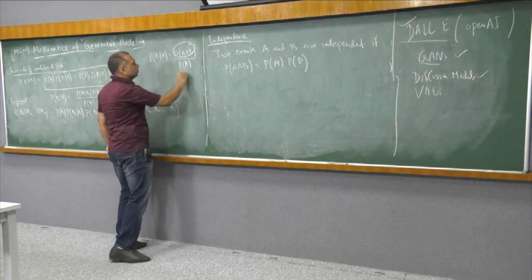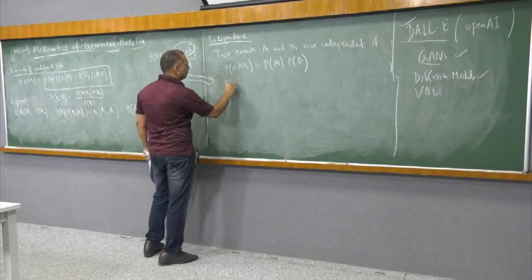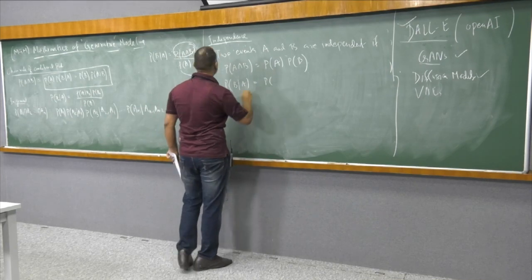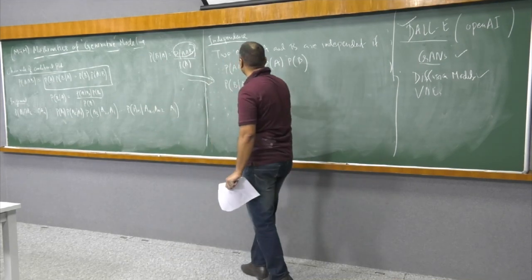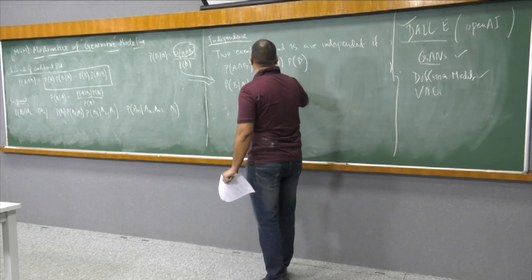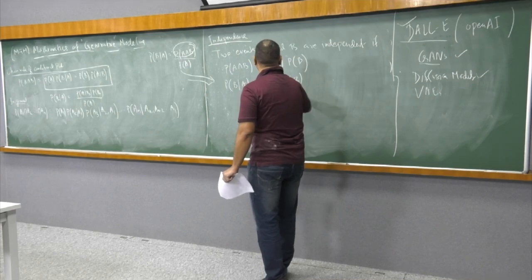So probability of B given A is just probability of B. If I expand this, since A and B are independent, probability of A intersection B is probability of A times probability of B, and the probability of A here is cancelled.